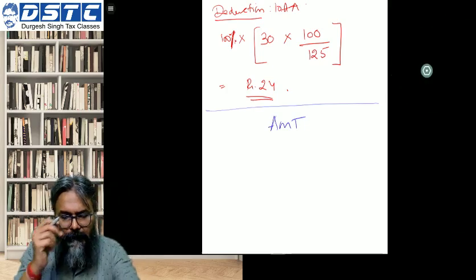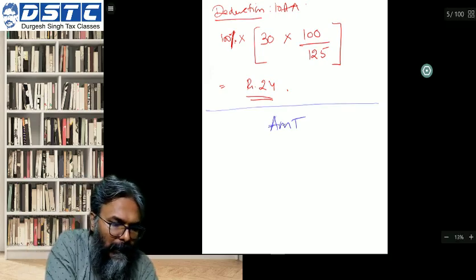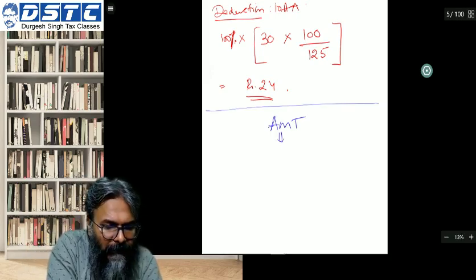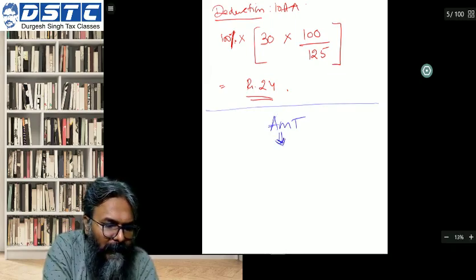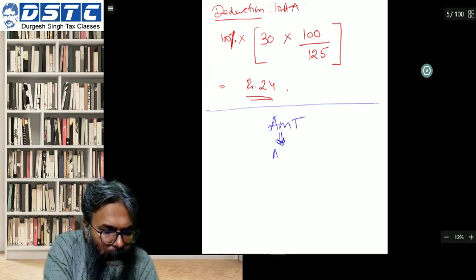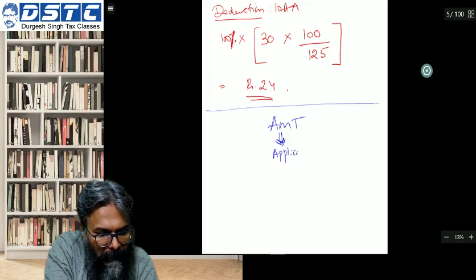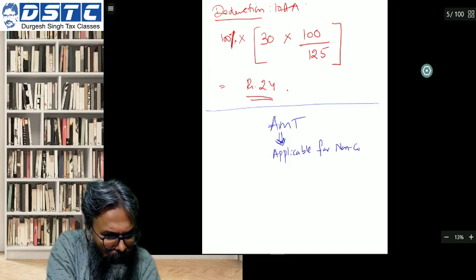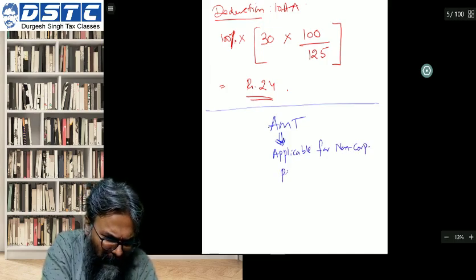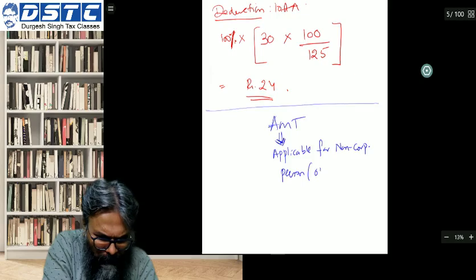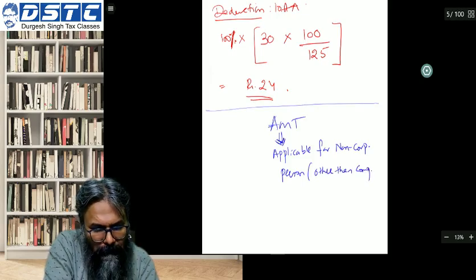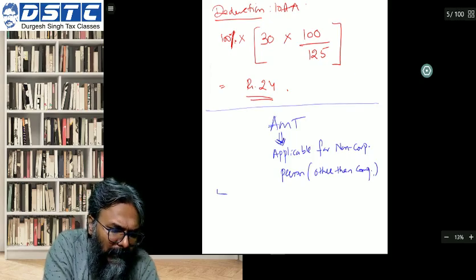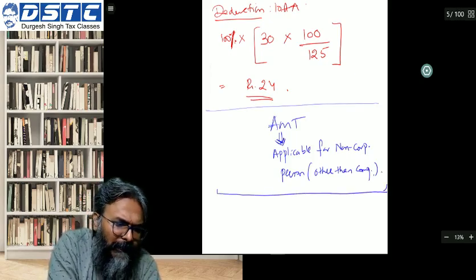Now this is in final CA, students. You will also learn MAT in IPCC of 2 settle with AMT. This is applicable for a non-corporate person other than a company. Non-corporate means other than a company.